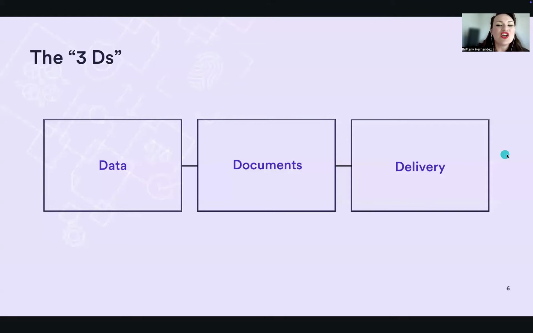Okay, cool. So let's talk now about some different foundational pieces of context for how we mentally think about these different pieces: how we think about data, how we think about documents, and how we think about delivery. When I talk about data, I'm talking about that incoming data from our clients.